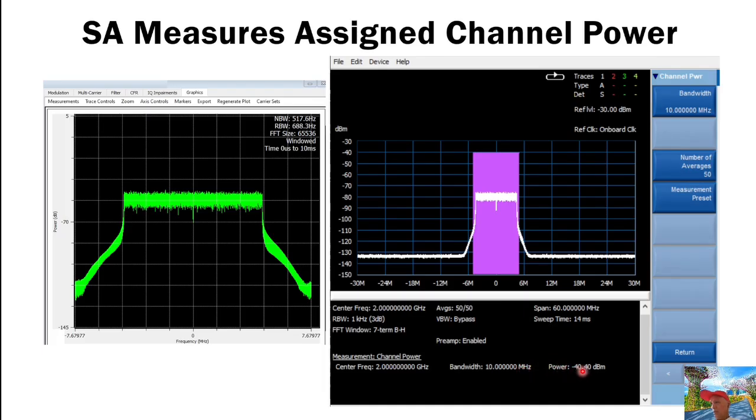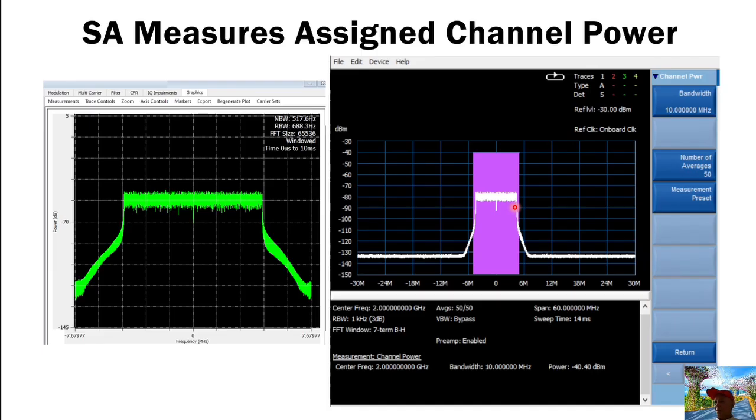How much power is in this 10 megahertz? It is minus 40.4 dBm, because the signal generator generates minus 40 dBm plus the cable loss of 0.4 dB. So here it displays the channel power. The assigned channel power in 10 megahertz is minus 40.4 dBm. This is the function of measuring the assigned channel power.